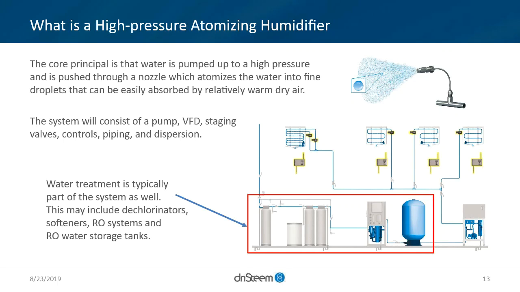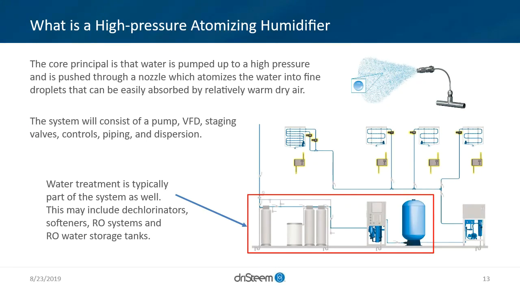Along with that, you've got piping and controls, and the method to bring that water through the dispersion to the nozzles. The one thing that is required, at least from DriSteem's high pressure atomization, is water treatment upstream of that equipment. Now, whether that's DriSteem's reverse osmosis system, or if the facility has RO permeate already available, that can be used.